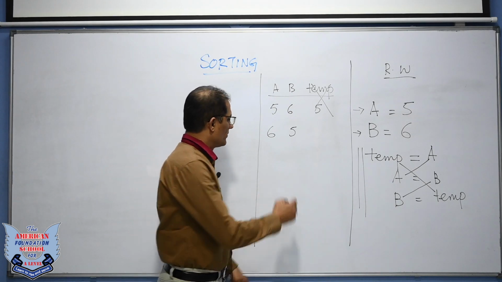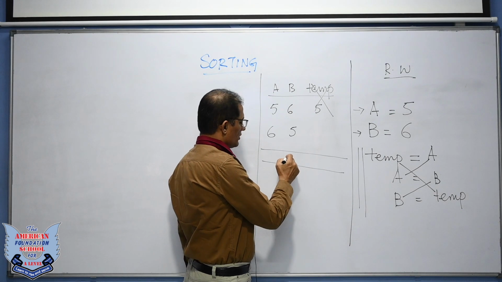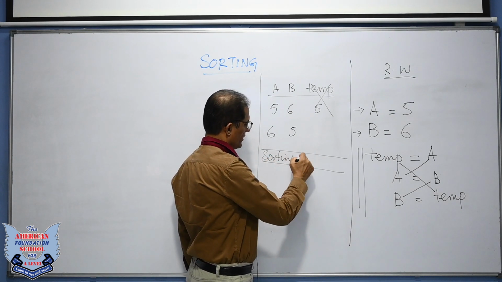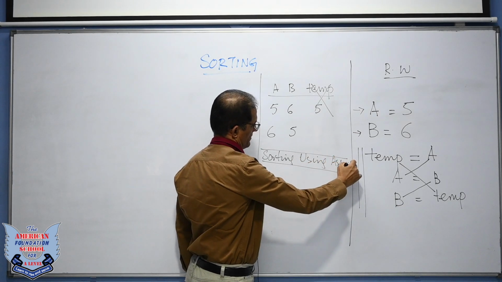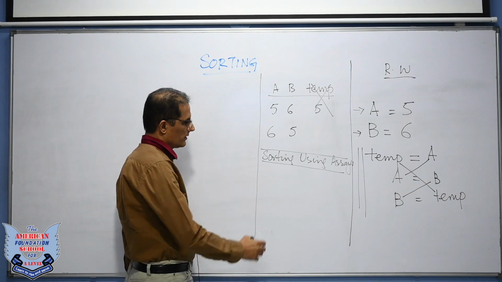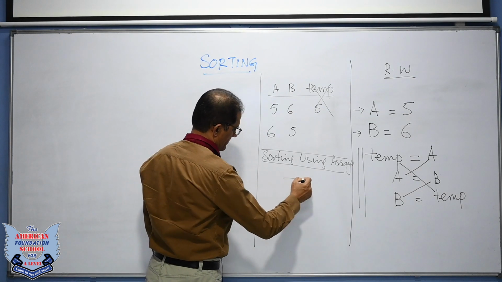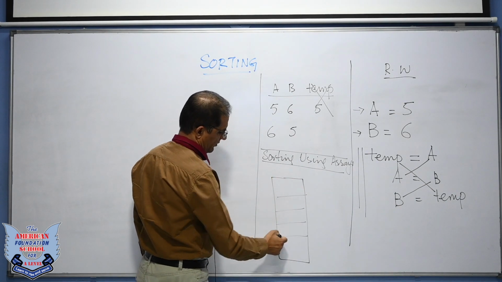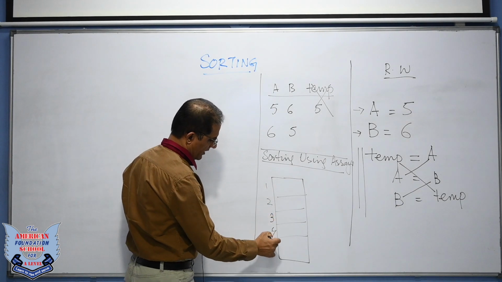Now, I'll move to today's topic, sorting using arrays. So first of all, imagine that we have an array of about 5 different locations, 1, 2, 3, 4 and 5.